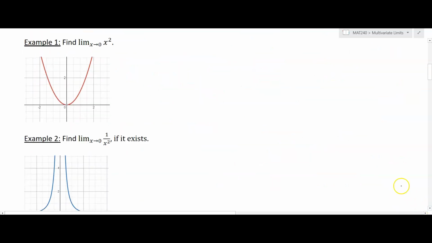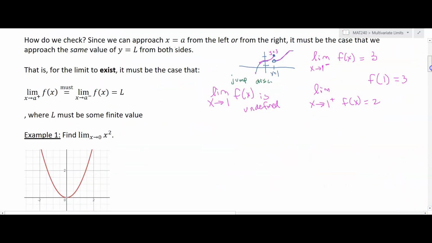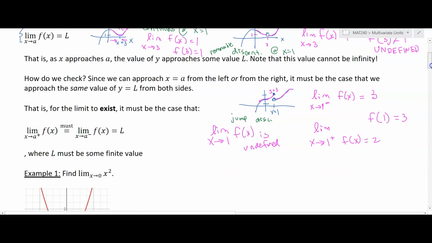So now that we have some of that under our belt and we've defined this in intuitive terms, let's define it in mathematical terms. This is saying the exact same thing as what we said in words a moment ago.